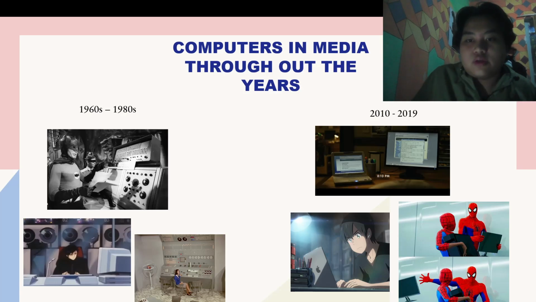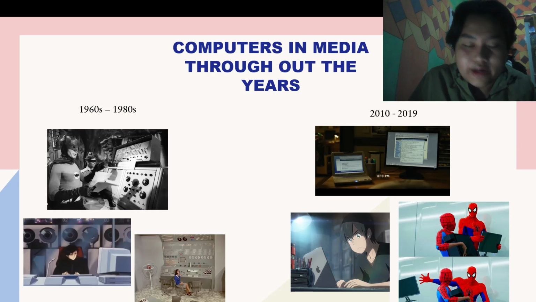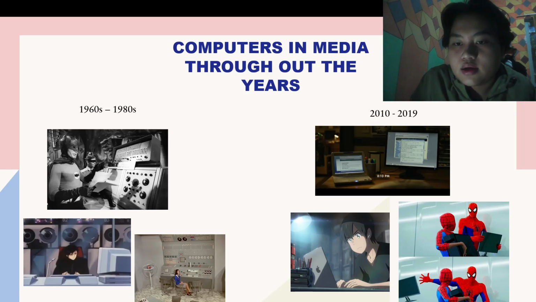If you compare it to 2010, with this first picture here, it's actually from the movie The Social Network. Well, Mark Zuckerberg was using it for writing his diary and making a website. He was using a Sony Vaio and a PC.